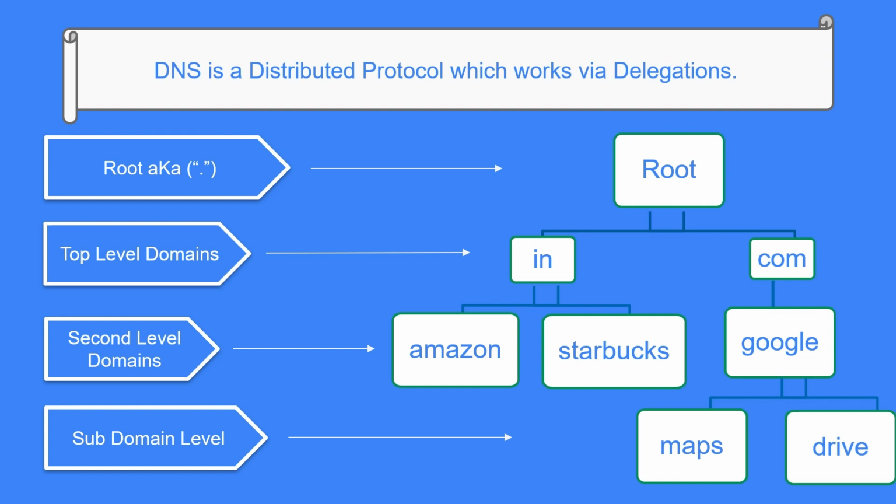Then there will be a subdomain level which might or might not be present for some of the domains, like Google has maps.google.com, drive.google.com. So this is the hierarchical structure, and this is how we define the levels of domains.